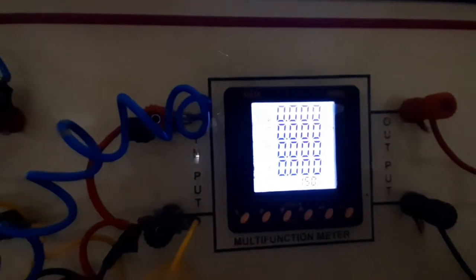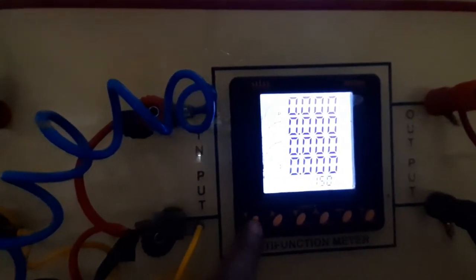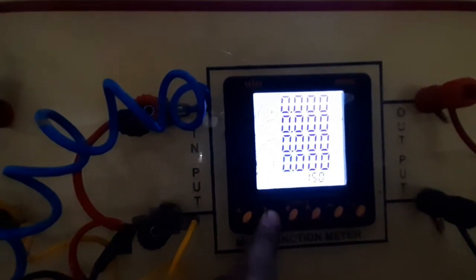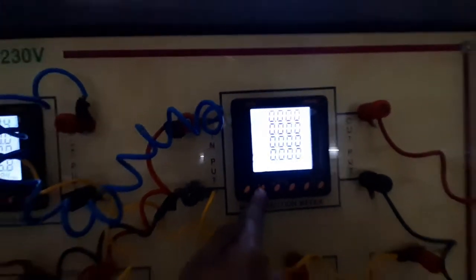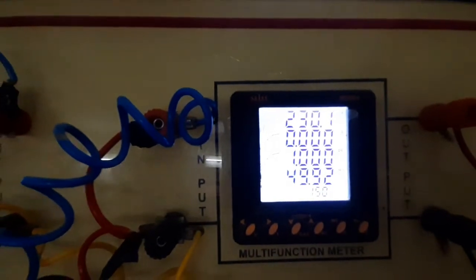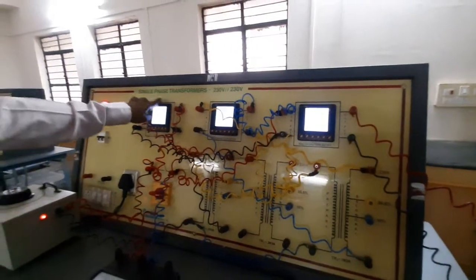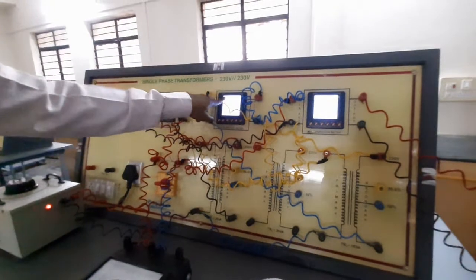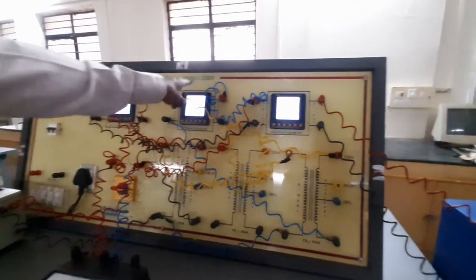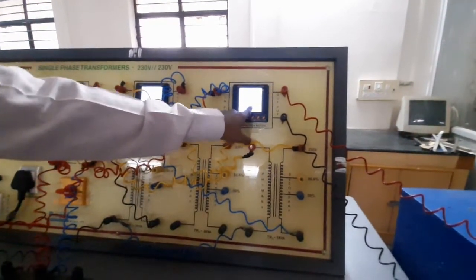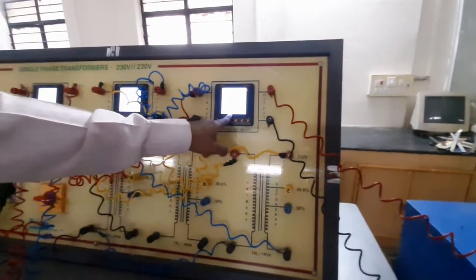Similarly the voltage is common in all the meters. So voltage is there. Now we will take the readings. Here we have voltmeter 1, ammeter 1, wattmeter 1. Similarly here voltmeter 2, ammeter 2, wattmeter 2. Similarly here voltmeter 3, ammeter 3 and wattmeter 3.